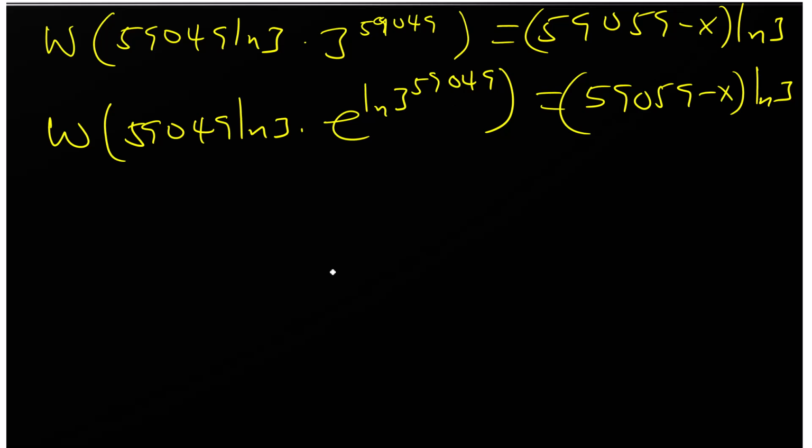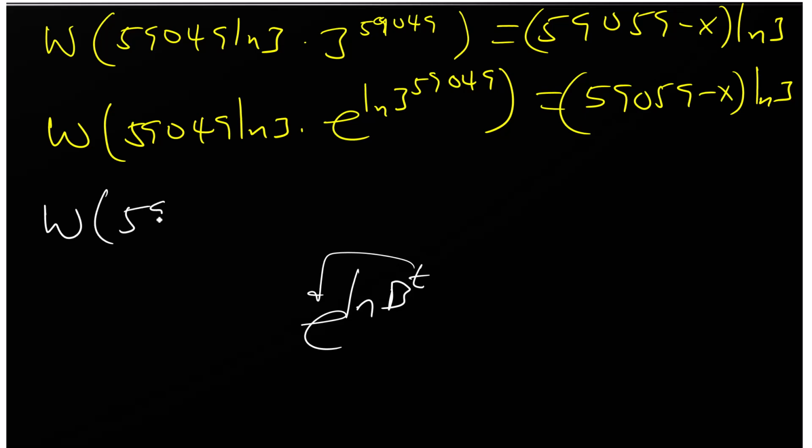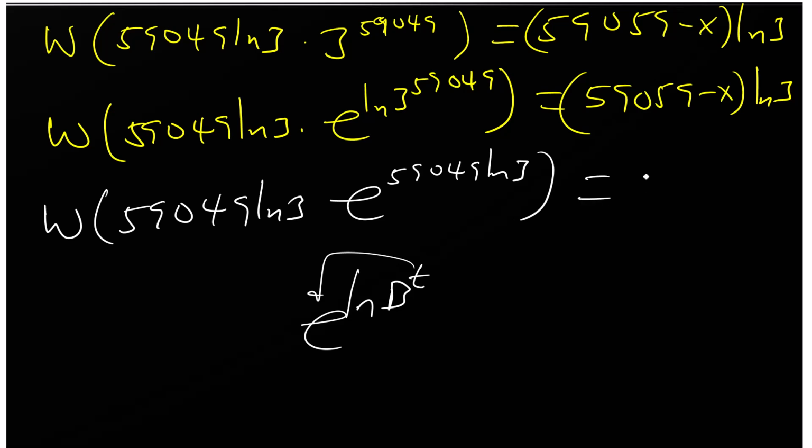It's e raised to a power, so this exponent will occupy this position. So that will be W function of 59049 ln of 3 times e to the power 59049 ln of 3 equals 59059 minus x ln of 3.